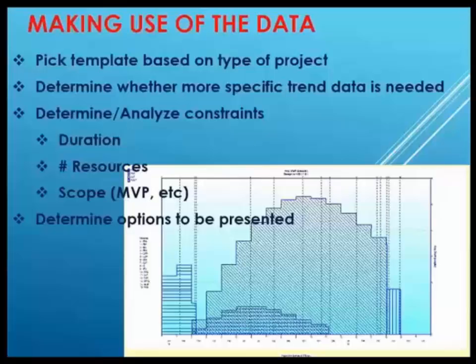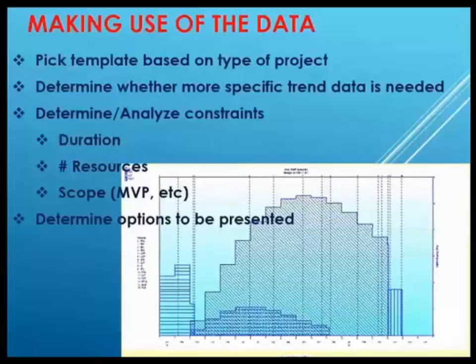So there may be different scope options that need to be considered, different subsets of the scope, possibly. So that would, of course, be the size that you're going to use for the estimate. So all these options determine what options are going to be part of that estimate.